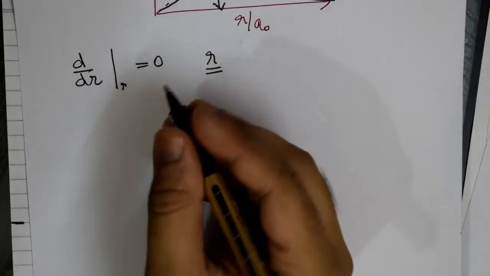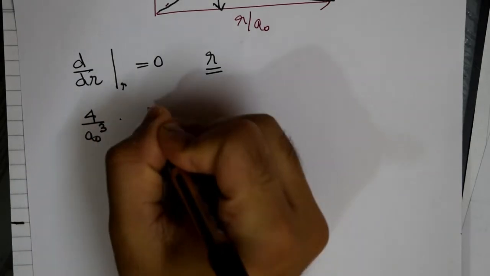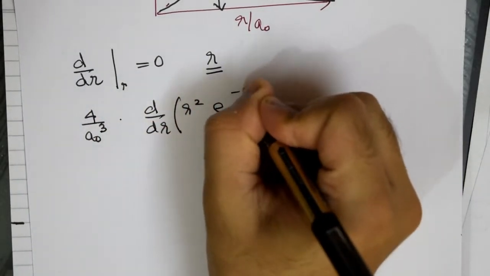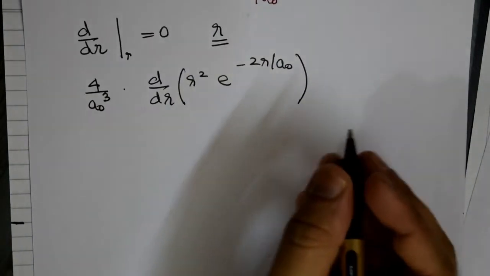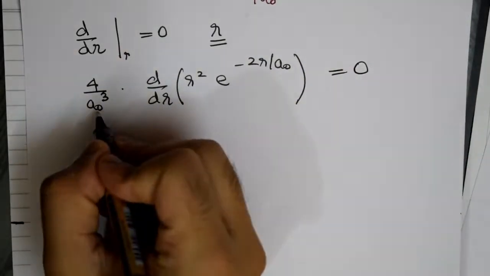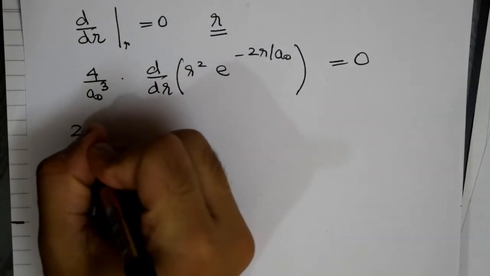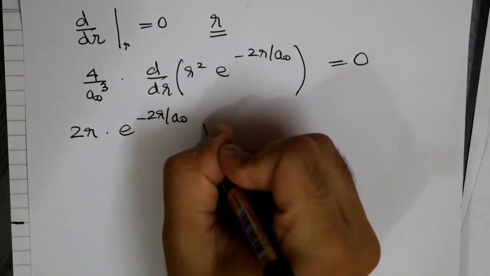So you have 4 by a naught power 3 times d by dr of r square e power minus 2r by a naught, right? So this is a function that we need to differentiate, and of course you need to set it to 0. Therefore 4 by a naught cube cannot be equal to 0, and so this will be 2r times e power minus 2r by a naught plus r square.